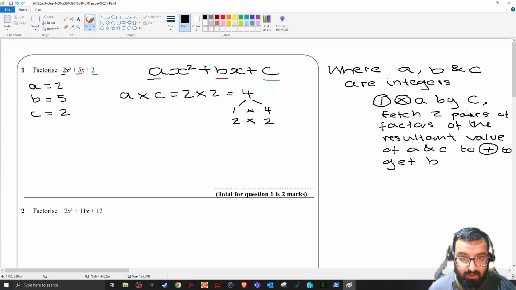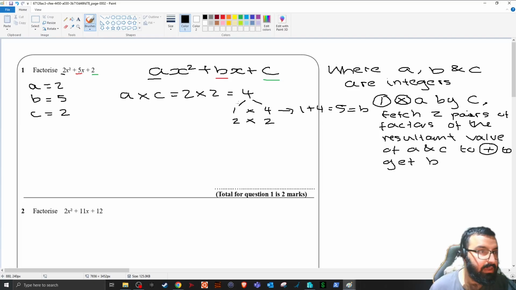So we need to find 2 factors of the resultant value, which is 4, of a and c, to add to get b. So it's 1 plus 4, which equals 5, which equals b. Now that we know the 2 factors that multiply to get 4 but add to get 5, or b, we have essentially broken down the middle term, which is 5x.